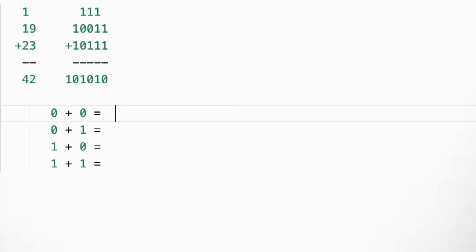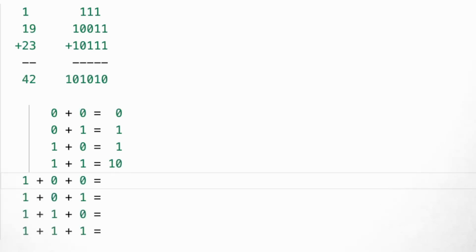If we just consider the case where there's no carry, we have these 4 possibilities. 0 plus 0 is, of course, 0. 0 plus 1 is 1, and 1 plus 0 is 1. And then 1 plus 1 is 2, or 1, 0 in binary. If we then consider the case where we have a carry in, we simply need to add in the 3 digits.